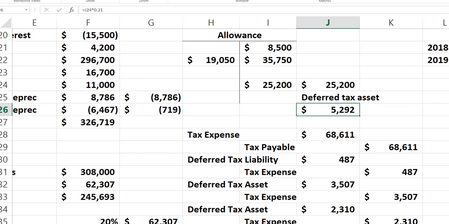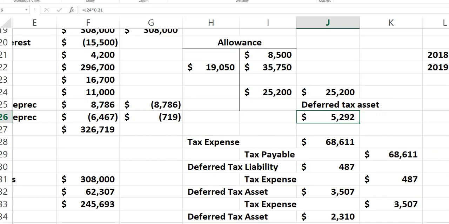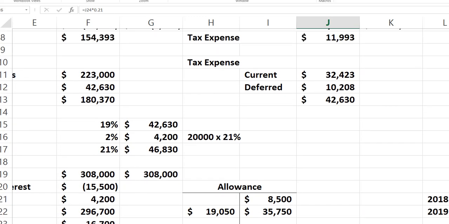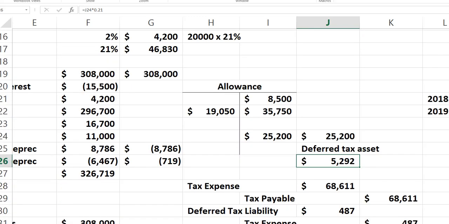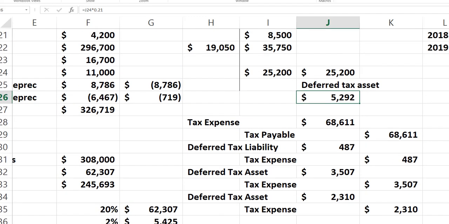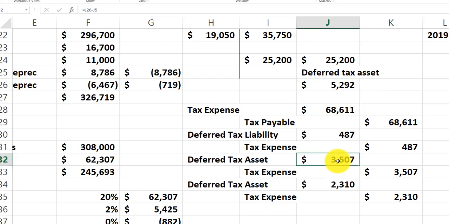We know that our deferred tax asset last year was $17.85. So we need to make a journal entry for the difference, which is $35.07. That's the difference between our deferred tax asset for this year and the one from last year having to do with bad debts.